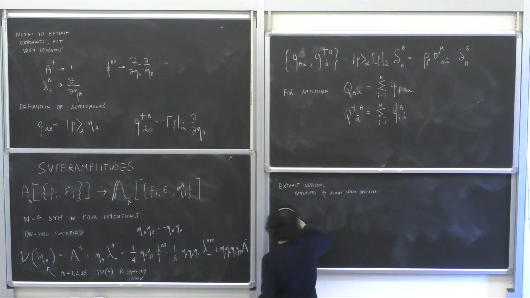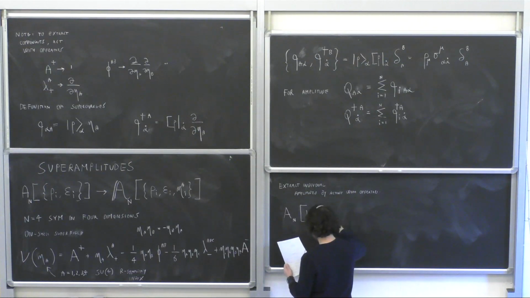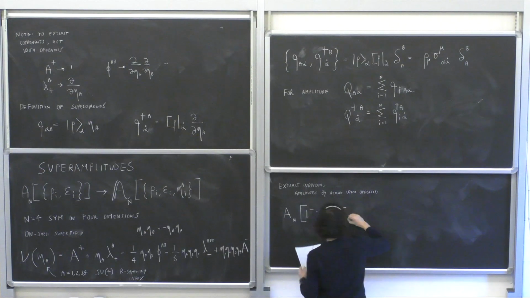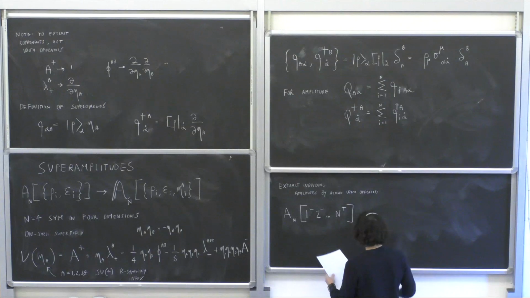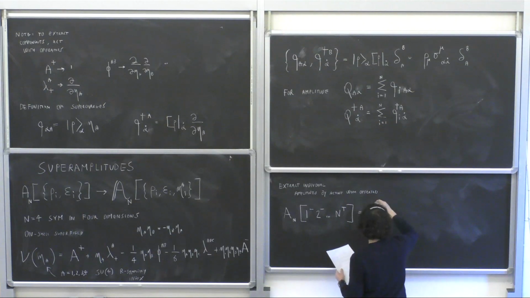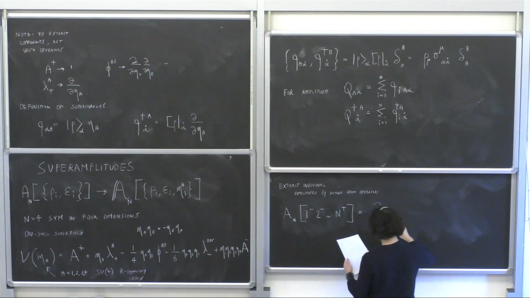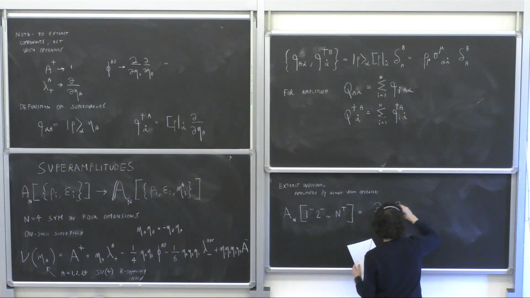So for example, the amplitude. Say that we want, since now the MHV amplitude looms large in our imagination, let's say that we want to extract this. What would this be? This would be the action of the differential operators corresponding to leg 1 and leg 2.